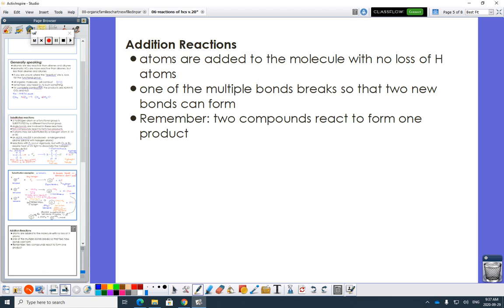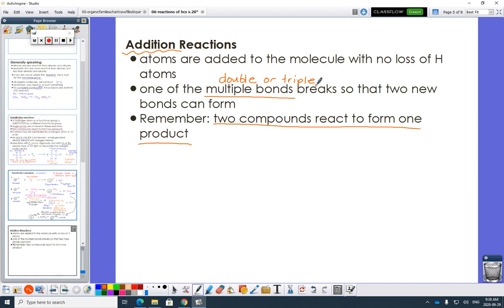So when you change a multiple bond into single bonds, then 2 carbons are affected. So unlike substitution, in addition reactions you have 2 compounds and only 1 product. So that's one of the differences. For addition reactions, you are looking for a multiple bond, double or triple, and we'll do examples of both.